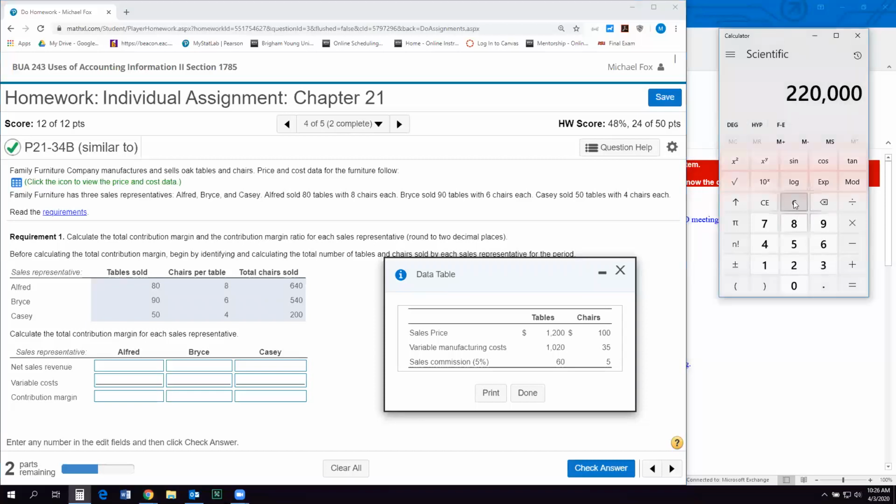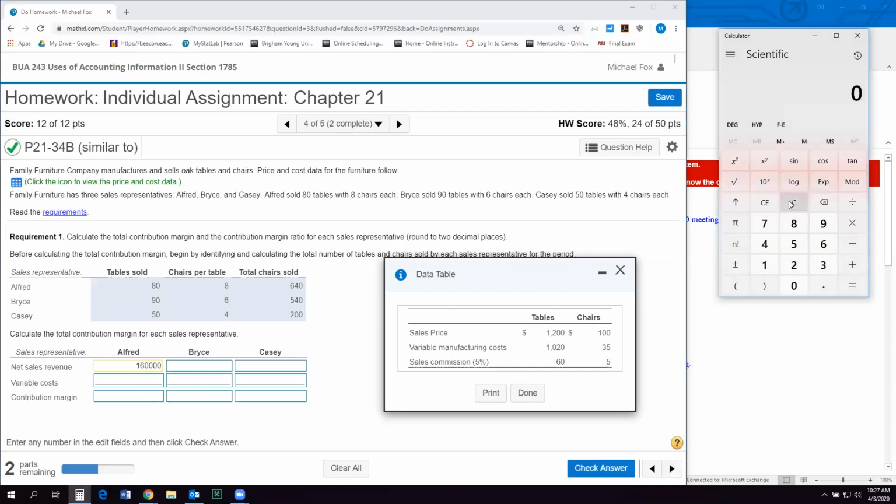To figure out his sales revenue, I'm just going to take 80 tables times the sales price of tables, $1,200 each, plus 640 chairs sold times the $100 sales price of the chair. So Alfred's total sales revenue is $160,000.